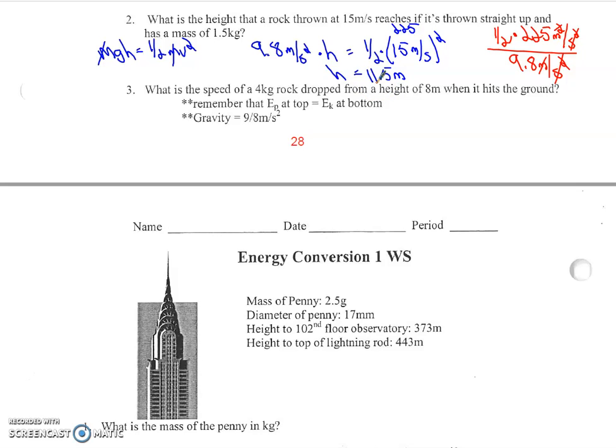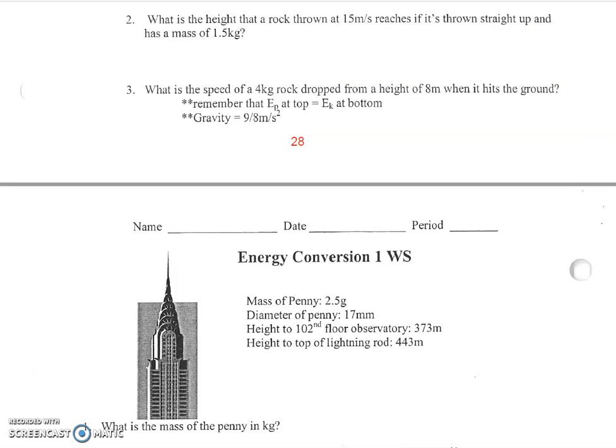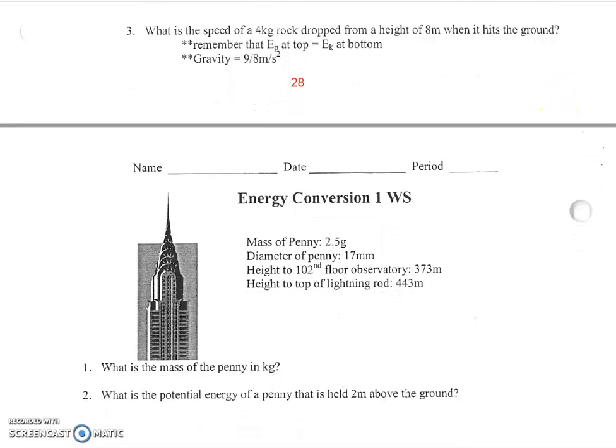Now number 3 is asking us for something different. It's asking us to solve for speed. They want to know at what speed is that rock going to hit the ground. Now they're throwing a 4 kilogram rock, so that's a bit heavier, and it only goes to a height of 8 meters in this case. So we have the same general idea. We're going to set potential energy equal to kinetic energy.